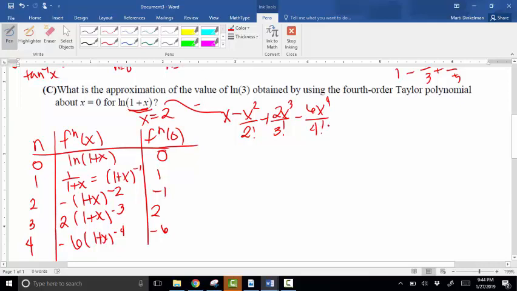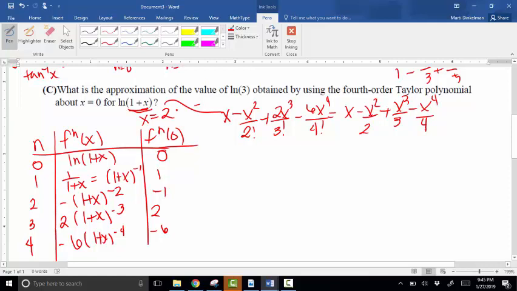And on this, what normally happens if you have it memorized, these fractions simplify down quite nicely because the 2 and the 2 that's in 3 times 2 times 1 would cancel, and then in 4 times 3 times 2 times 1, the 3 and the 2 would cancel with that 6. So a lot of times you'll see this one written as x minus x squared over 2 plus x cubed over 3 minus x to the 4 over 4. So that's why the factorials sort of go away.